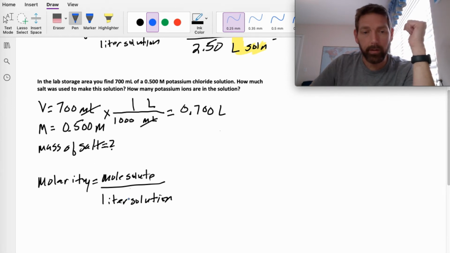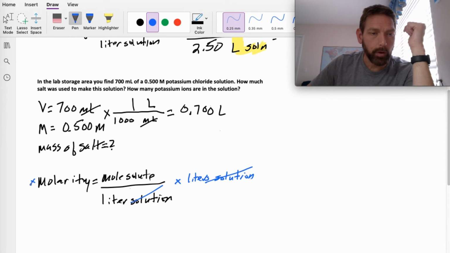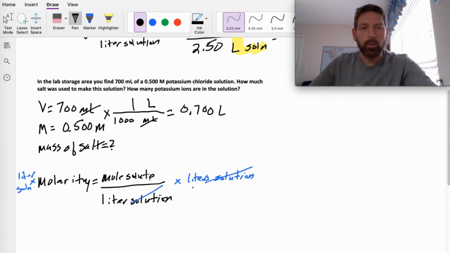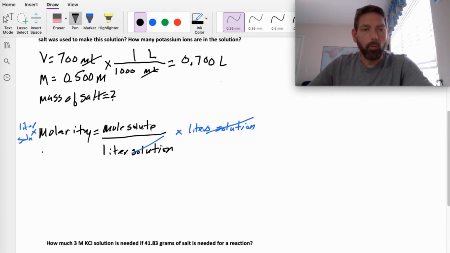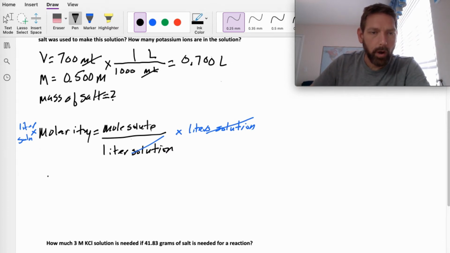So if you were in math class, basic math is you would need to isolate this variable by itself. So obviously we're going to multiply this side by liters of solution, so it cancels out here, which means we'd also multiply this side by the liters of solution, correct?